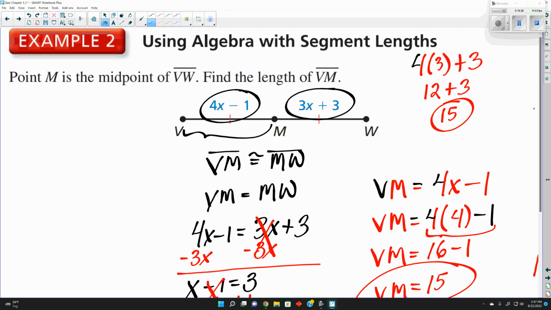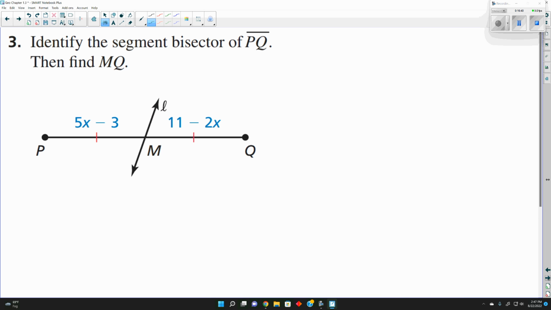Any other questions on this here? Are you ready for another one? Identify the segment bisector of line segment PQ, then find MQ. So what is cutting this line in half?